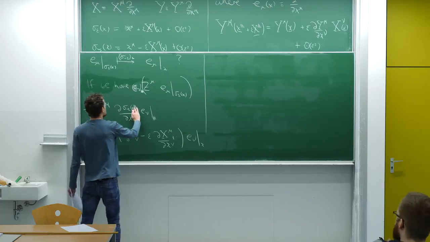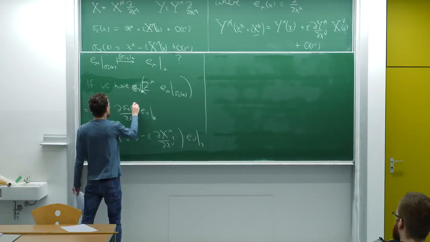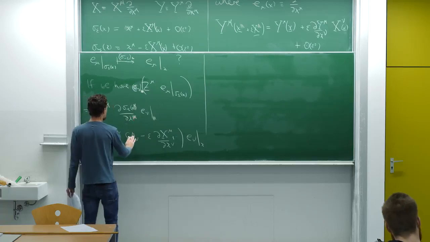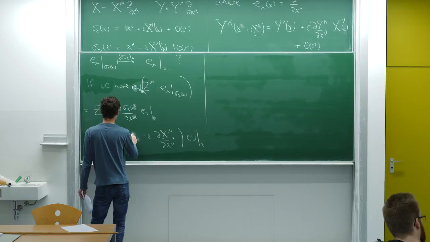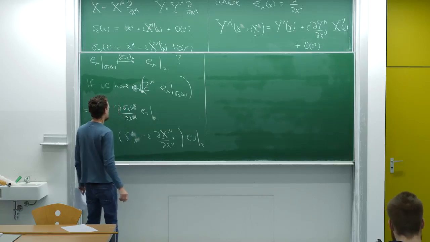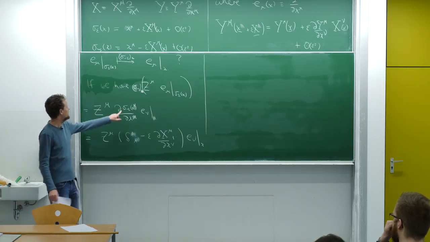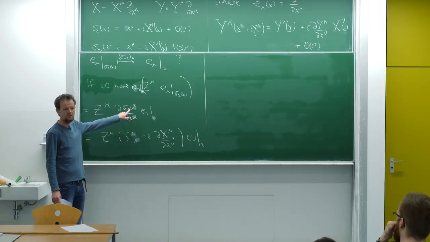I think I've got my indices the wrong way around. That looks a bit better. For this we do, for the Jacobian.